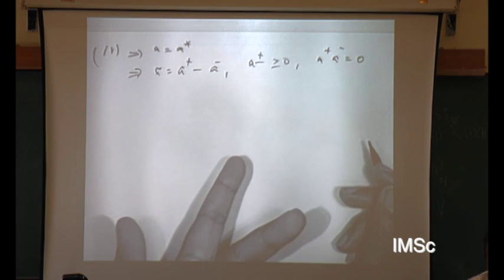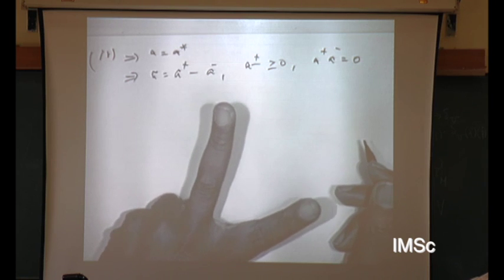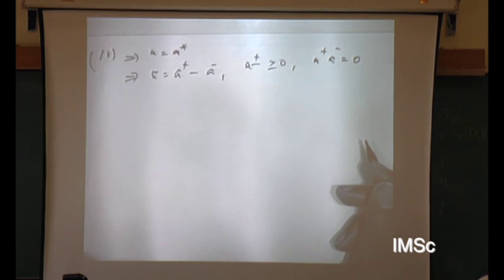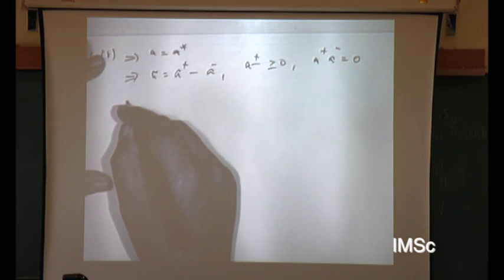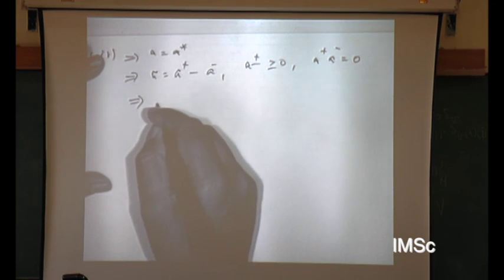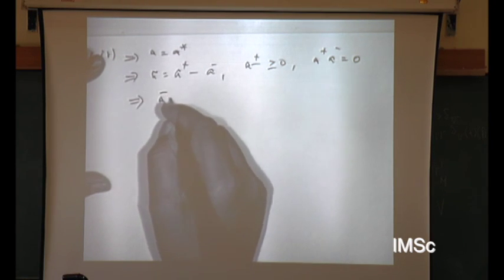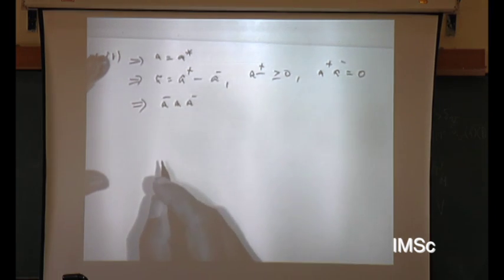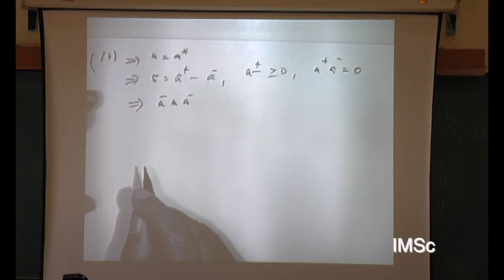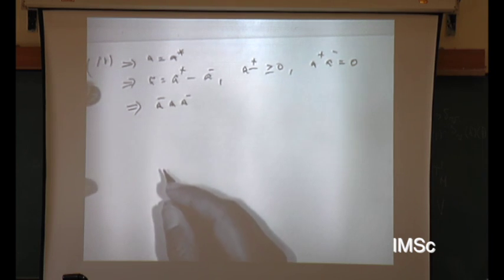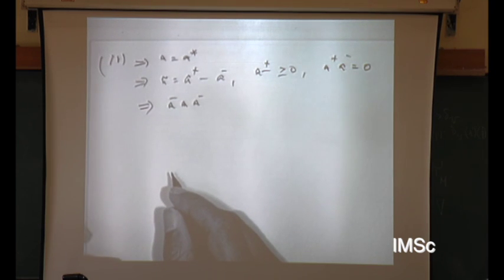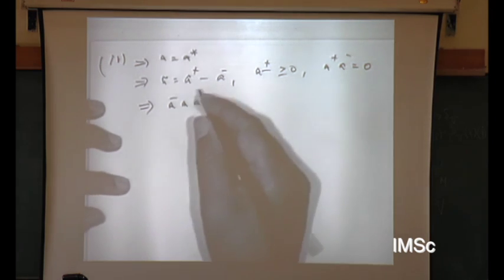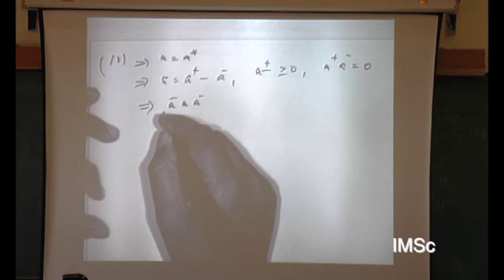It will tell me that A minus A plus is also 0, because A plus and A minus are self-adjoint. Okay, this will imply that A minus A A minus, what is this?